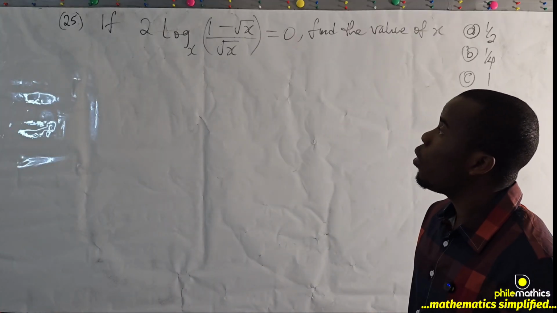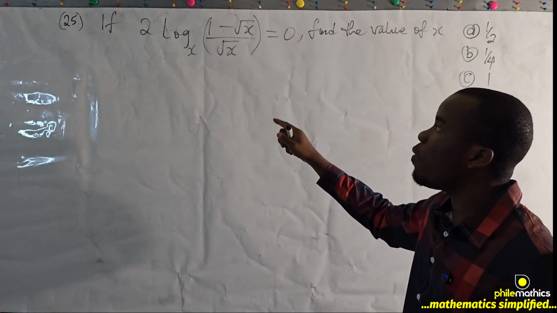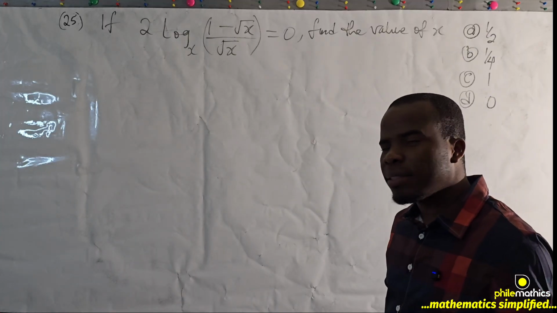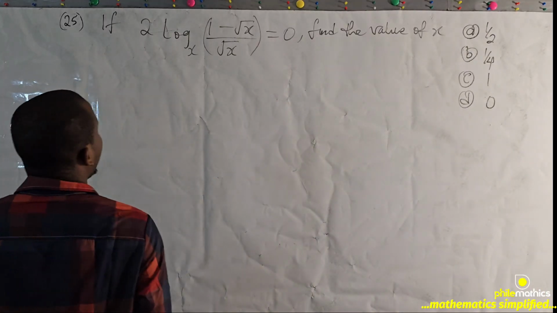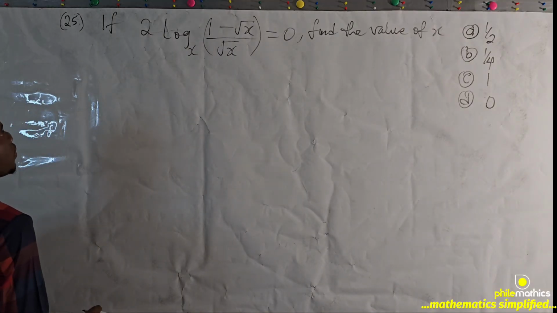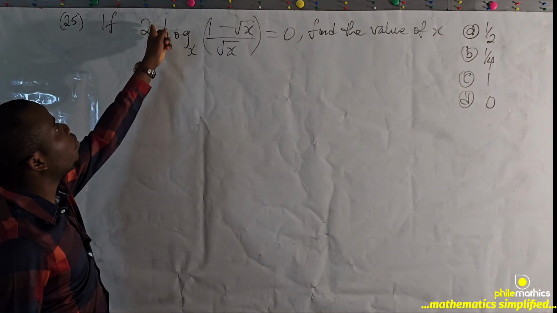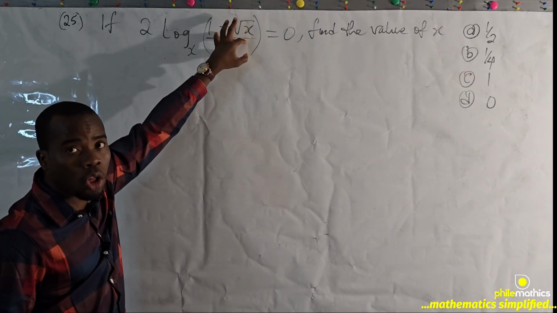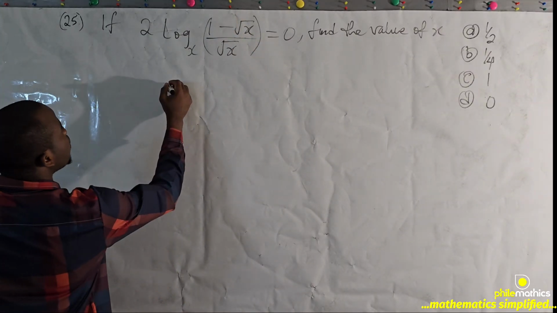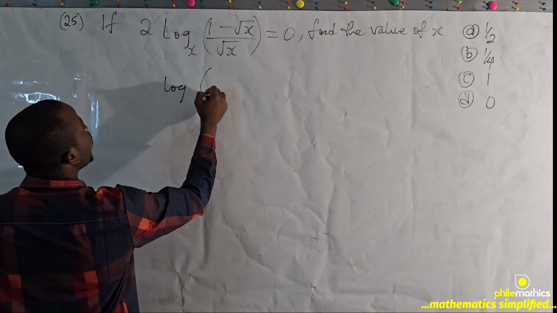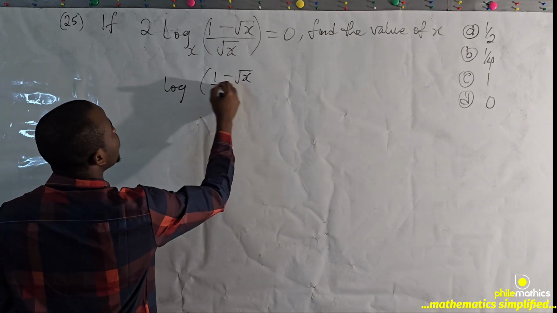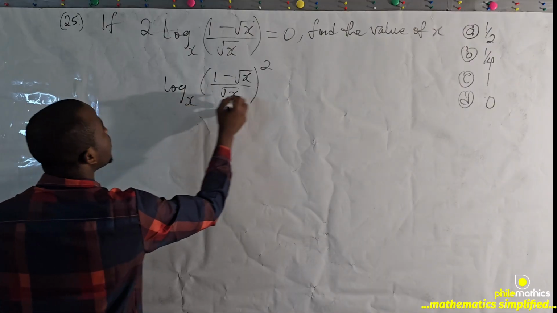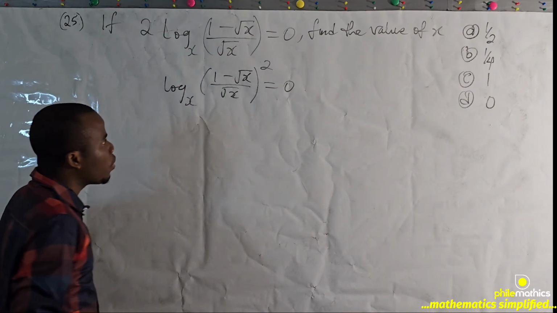If 2 log of (1 minus root x) over root x, base x, equals 0, what's the value of x? This is very simple. And what you want to do first is to bring this 2 to the power of this log. So we know that this is log of ((1 minus root x) over root x) to the power 2, base x, equals 0.